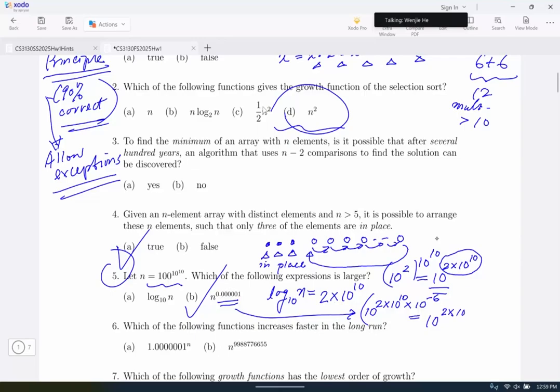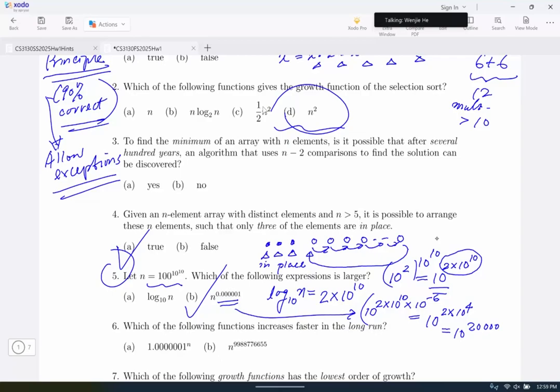10 to the 4th equals 10,000. Then 10 to the 20,000.